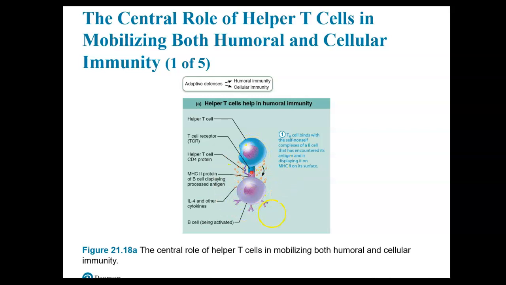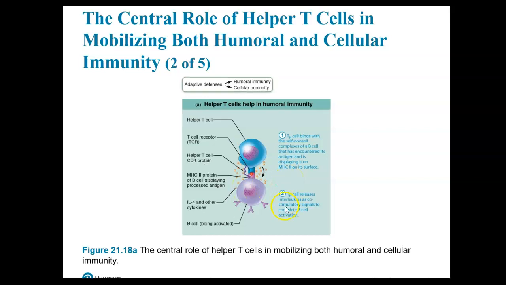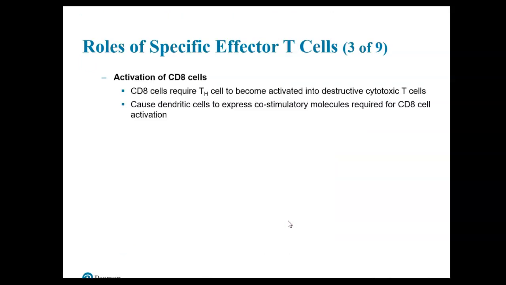Well, before it can release those antibodies, the helper T cell has to activate it. So the helper T cell has to recognize that class 2 MHC protein on that B cell. Okay? And once that happens, then the B cell is activated, it can start releasing antibodies, and we talked in the last review about how antibodies work.